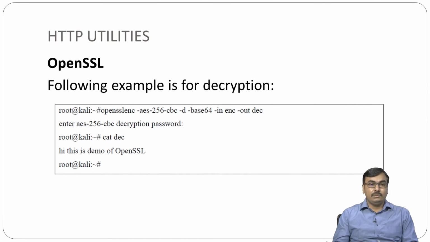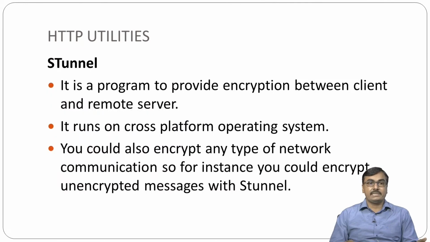Inside that you can see here, hi, this is demo of OpenSSL. So through OpenSSL we can transfer a secure encrypted file over the network. This is the ultimate use of OpenSSL.